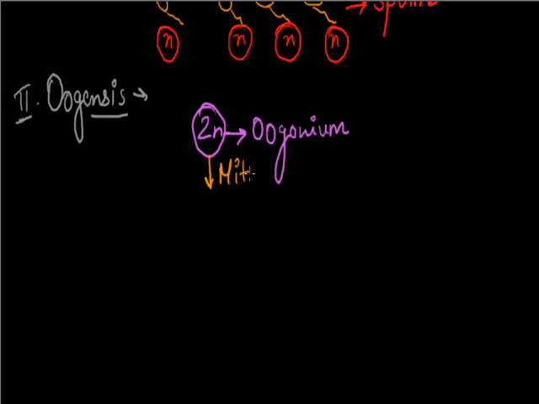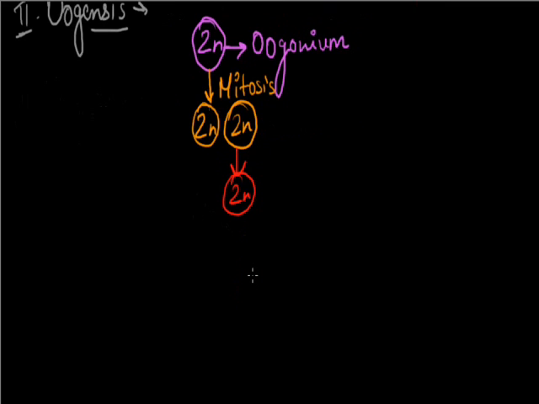After going through mitosis, it will produce two cells of the same type. From these cells, only one is selected for the formation of ovum. The other will be used again as oogonium in the next cycle.